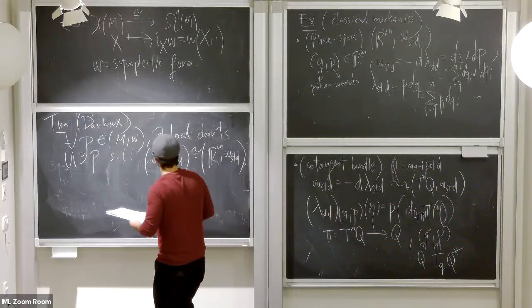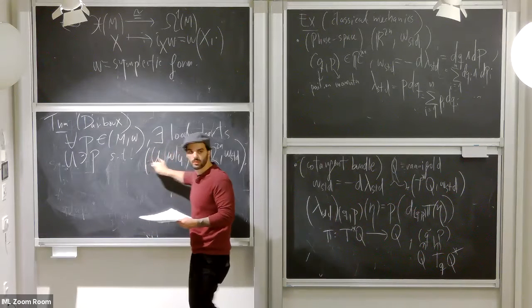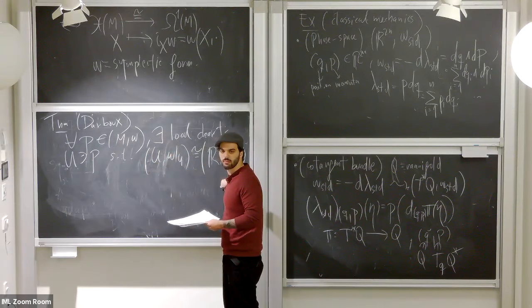So, in other words, every symplectic manifold locally looks like the most standard thing that you can have.